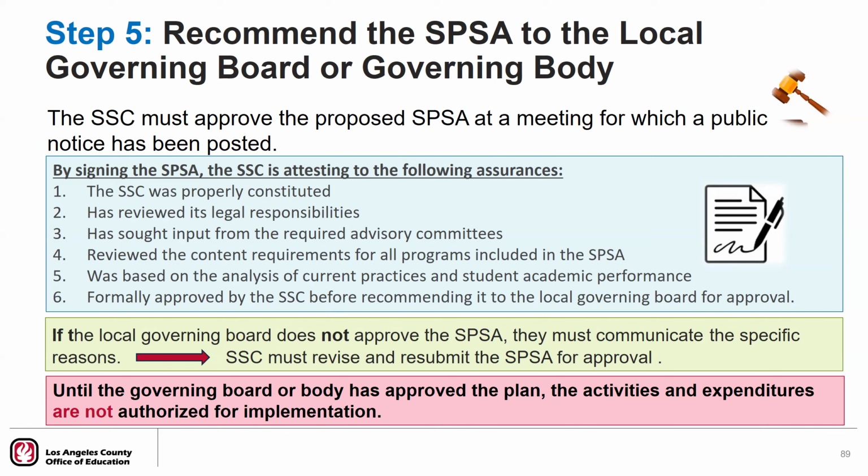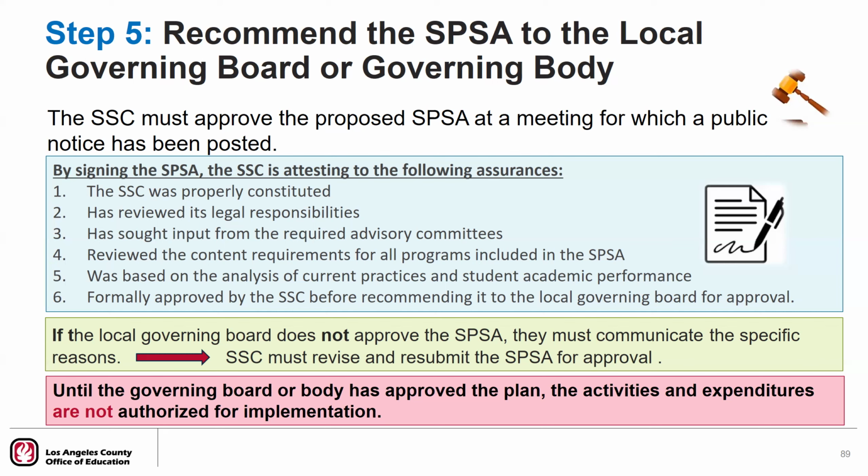By signing the SIPSA, the school site council is attesting to the following assurances: that the school site council was properly constituted, has reviewed its legal responsibilities, has sought input from the required advisory committees, has reviewed the content requirements for all programs included in the SIPSA, that the plan was based on an analysis of current practices and student academic performance, and lastly, that the plan was formally approved by the school site council before recommending it to the local governing board or body for approval.